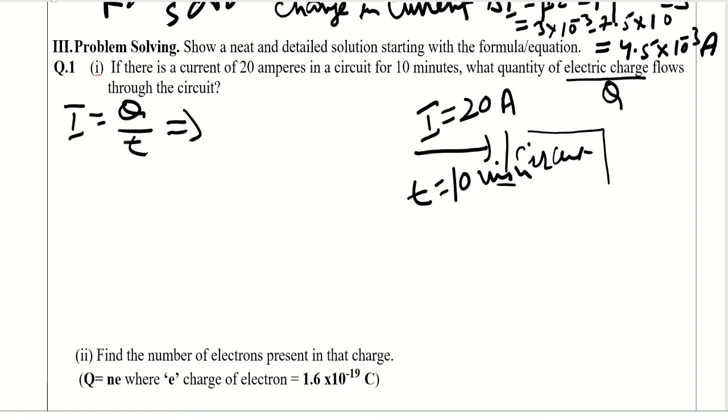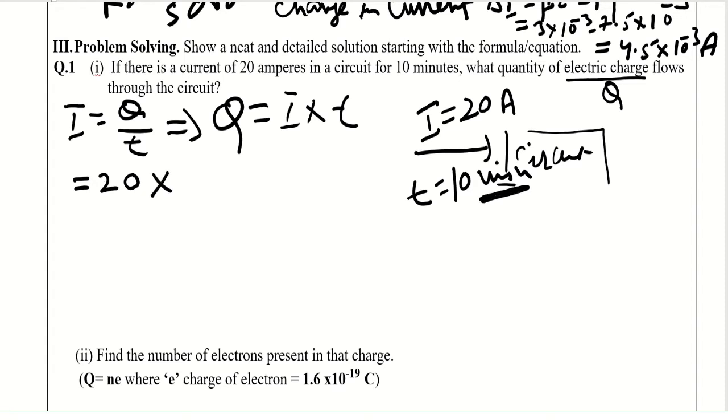By using this formula, Q equal to I into T, where the value of I is 20 ampere. Here the time is given in minutes, so you have to change this minute. So how can you change this minute in 1 minute?